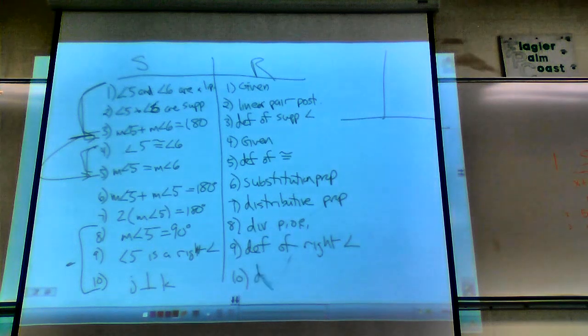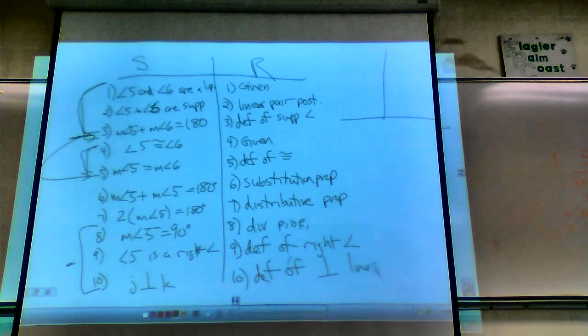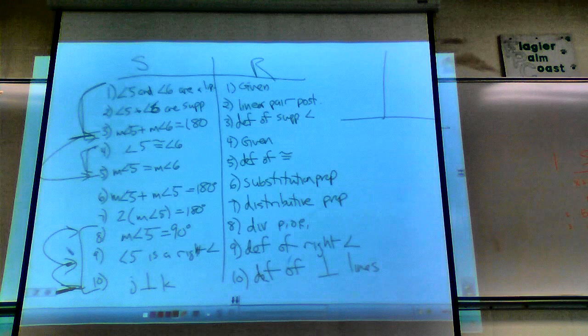Now, another thing you could do is if you're given a proof, guys, you can work backwards from proofs also. Like if I looked at this problem and I knew that I had to prove that two lines are perpendicular, I know that the majority of the time, if I want to show two lines are perpendicular, I'm going to say I've got a right angle. For me to say I have a right angle, most of the time I need to show it equals 90.